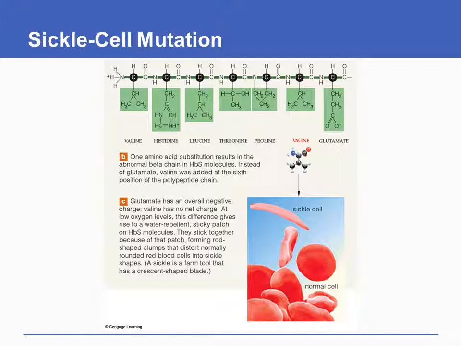Hemoglobin is found in red blood cells, in the bloodstream, and when hemoglobin shape changes, the shape of the red blood cells changes. So instead of being round and fluffy, those red blood cells look sickle-shaped. They're hard, and they're no longer round and fluffy. And because they're hardened, these red blood cells have a harder time going through the bloodstream.